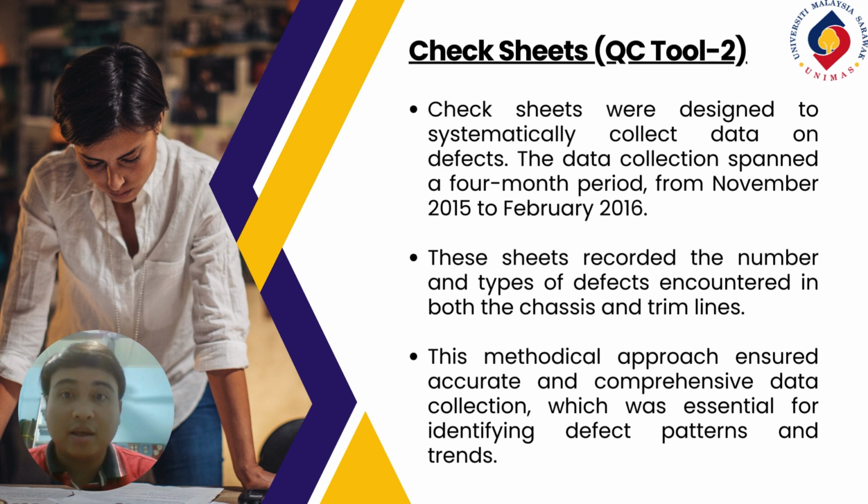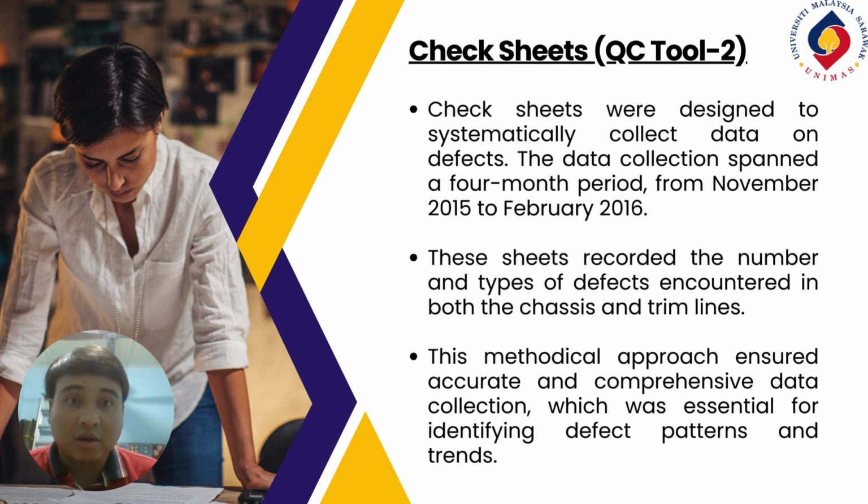For the next slide, I will continue presenting the next quality control tool which has been used, which is the check sheets. Here, the check sheets were designed to systematically collect data on defects. The data collection spanned a 4 month period from November 2015 to February 2016.